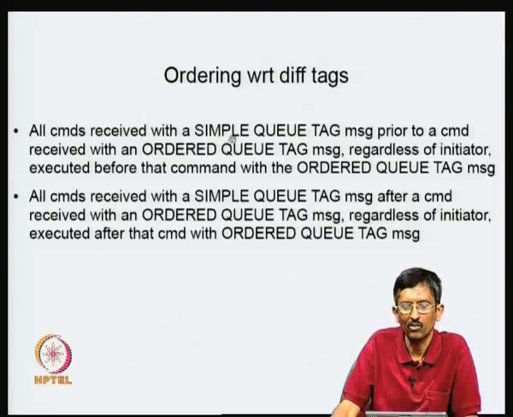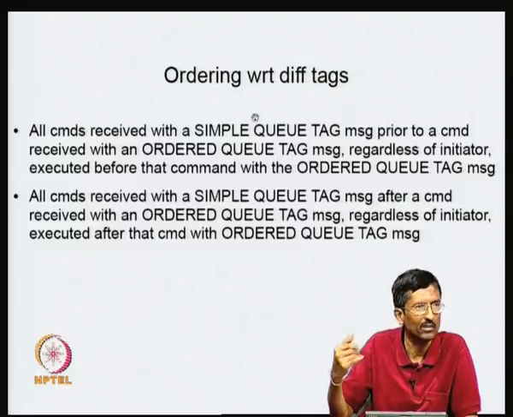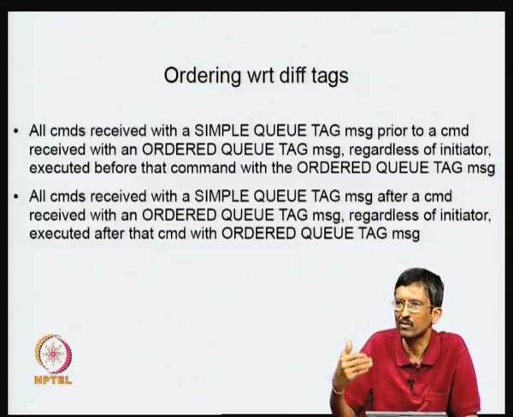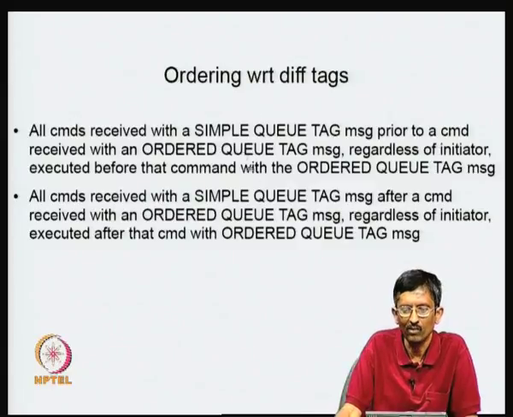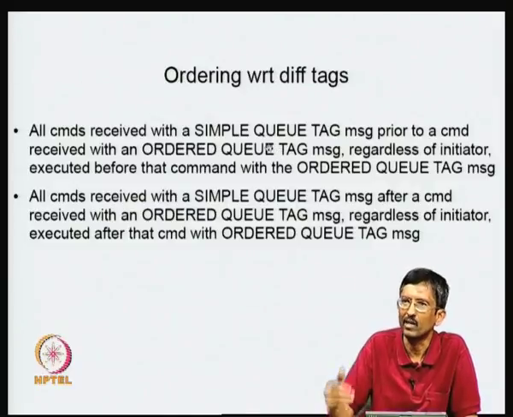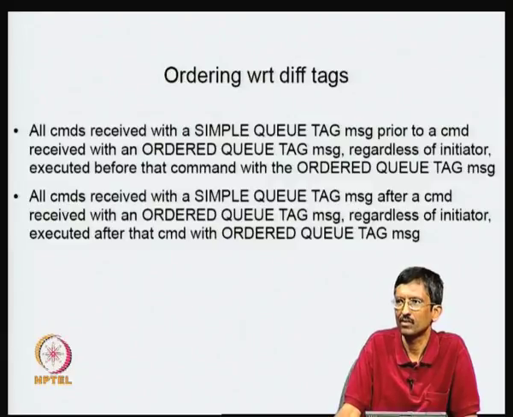If you get a barrier, you have to execute all of the things before it, and only then do the commands after the barrier. The ordered queue tag message is basically some kind of a barrier. In a sense, somebody is telling you that they want this done now and don't want you to reorder things, because if you reorder it, the semantics of the storage operations may not be what they want.